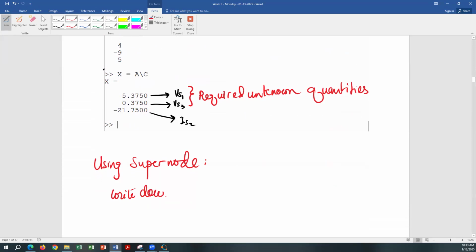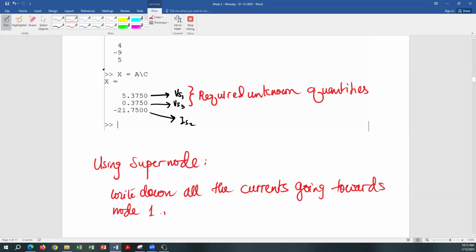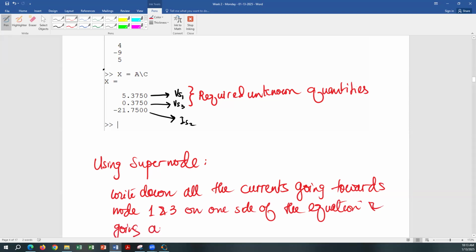Write down all the currents going towards node 1 and 3 on one side of the equation, and going away on the other side of the equation. My 'and' is pretty bad, looks like R. Let's change that.